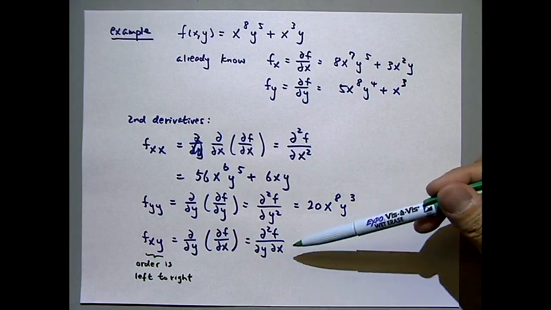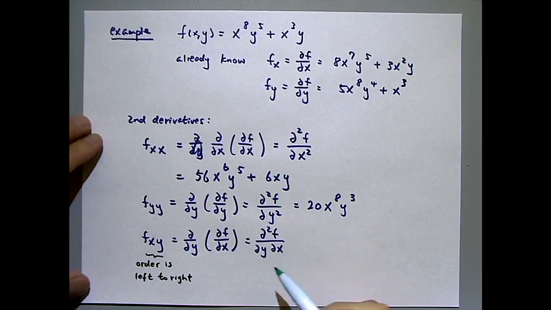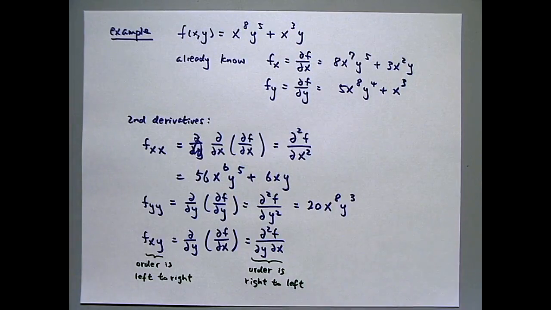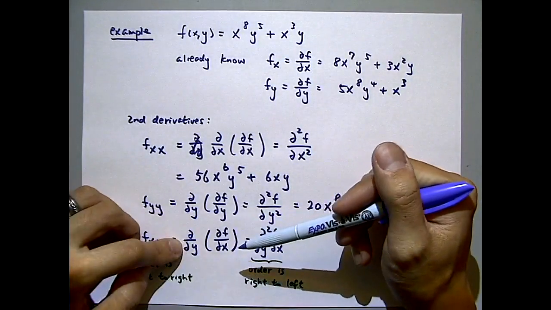But in the other notation here, it's reversed. You have to read from the right to the left. In this quotient notation here, x happens first, y happens next. And that's because y is showing up in the outer part of the operation. Remember, you always perform this first and then you do that.